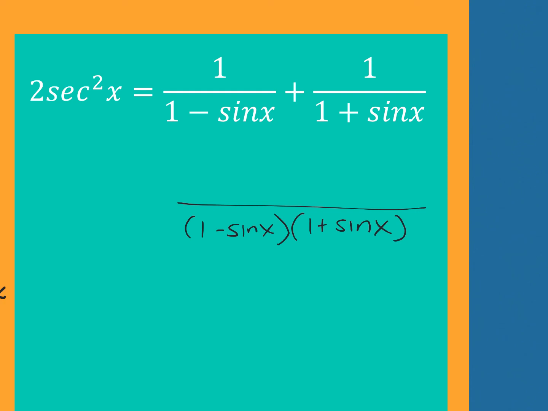You cannot break those apart. So this one, I'm going to multiply by 1 plus sine of x, and this one I'm going to multiply by 1 minus sine of x. So 1 times 1 plus sine of x is 1 plus sine of x, plus, because this middle is positive, and then the right side, 1 times 1 minus sine of x would be 1 minus sine of x.